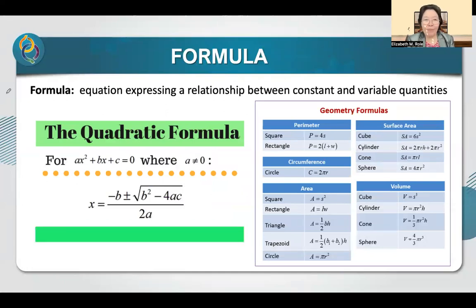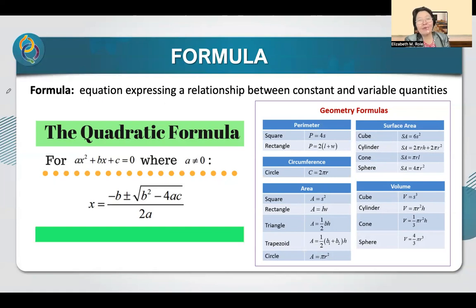Now, formulas are composed of equations. A formula is an equation in itself. Here are some examples of equations that express a relationship between constant and variable quantities that many times we use as a formula. And it is the aim of algebra that you yourself can model problems by deriving your own formula.